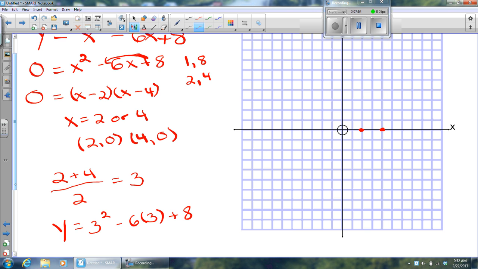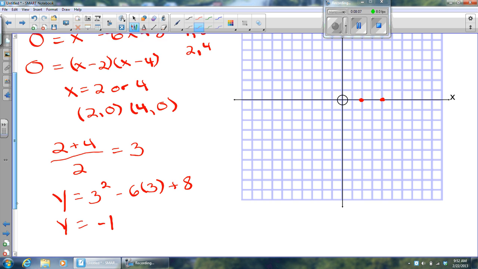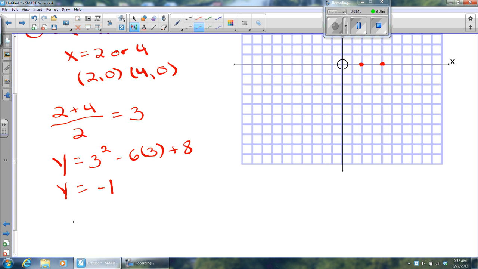And when we evaluate that, we get y equals -1. So our point for the vertex is 3, -1. So we're going to plot this point. We're going to go over 3, 1, 2, 3, down 1.